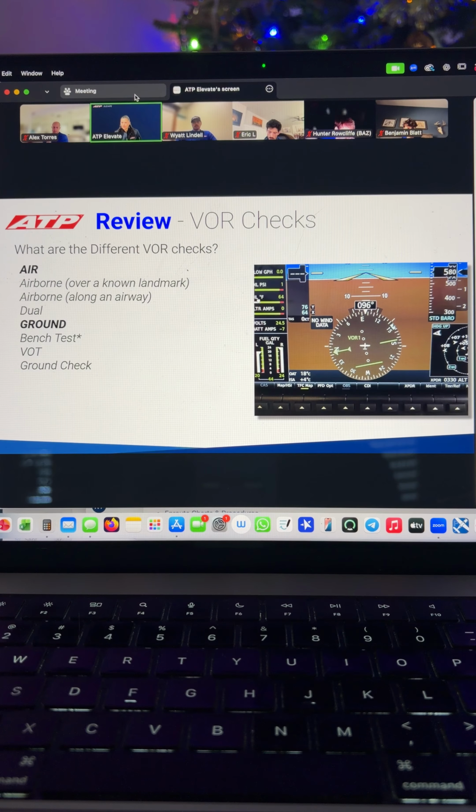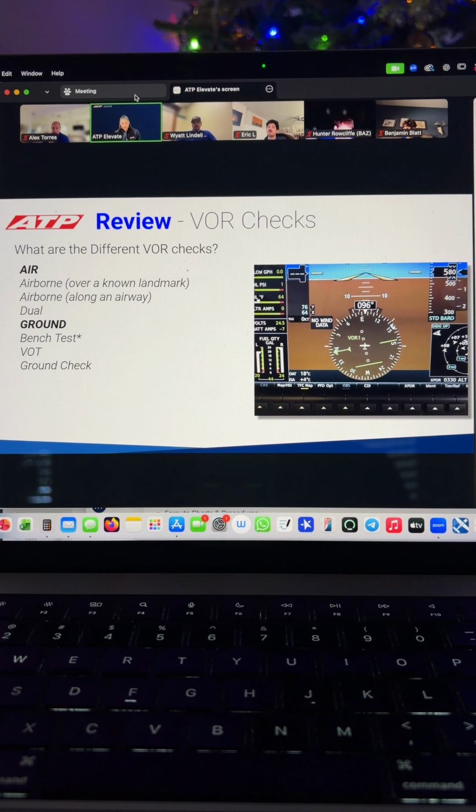Chart supplement, yes, wonderful. And I know that everybody is in different locations all over the US. So here in Florida, if I look for a VOT, there isn't one. The nearest one to me is in Alabama. So you guys want to look and see where the nearest VOT station is. This is an actual test facility that you can fly to.